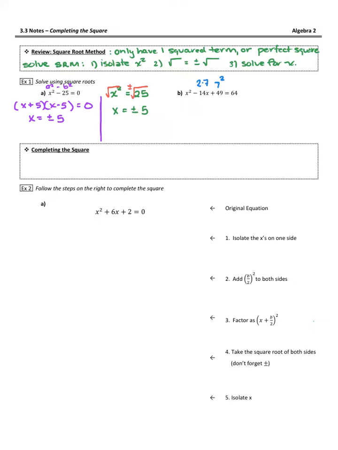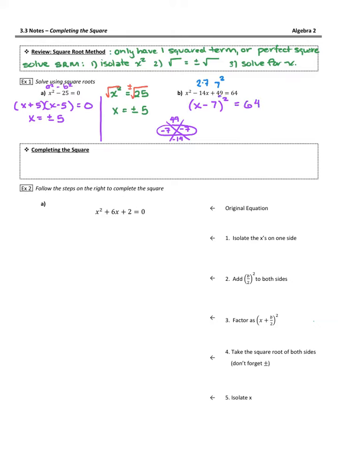So if I were to factor it, and let's say you didn't see it right away, here is a times c, here is the middle term, what times what is 49 but adds up to a negative 14? That would be negative 7 and a negative 7. Since these are the same number, this factors into x minus 7 squared equals 64.